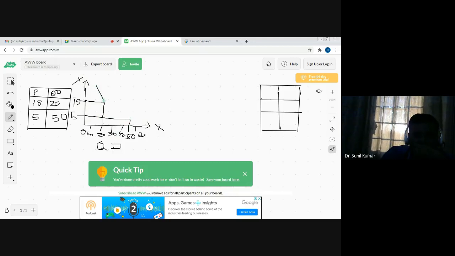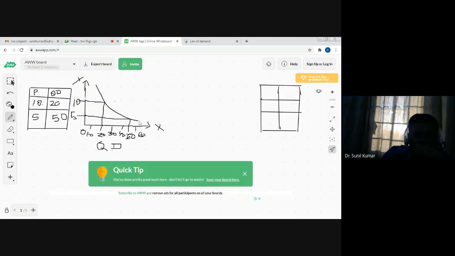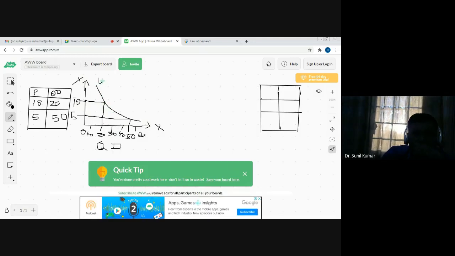When this line is joined, we get the line D. This one is also D.